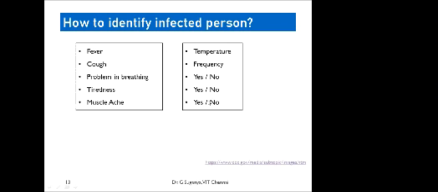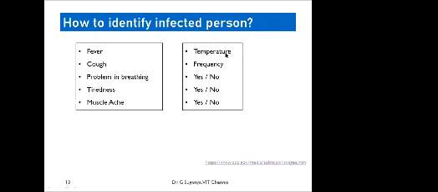So fever will be measured in either Celsius or Fahrenheit, right? How much degree of fever you have, the temperature. Cough, how many times you are coughing per second or per minute, comes as the frequency. Do you have problem in breathing? It might be a yes or no kind of question. Do you have tiredness? Do you have muscle ache?